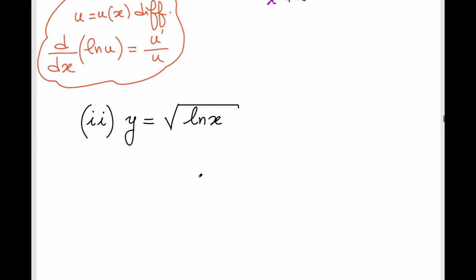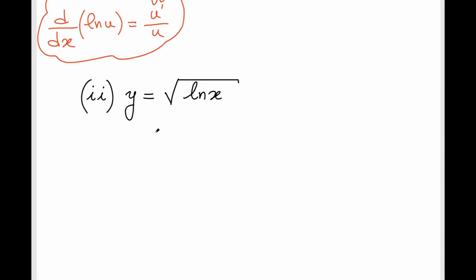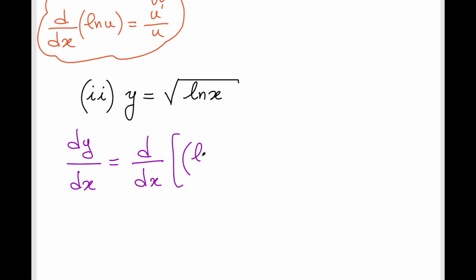Okay. All right. Part 2. y is equal to square root of ln of x. Okay. So let's differentiate that. Differentiating y with respect to x yields the following. That's the derivative with respect to x of the function ln of x to the power half.